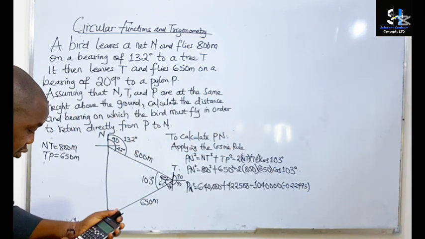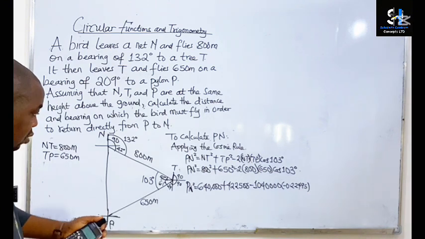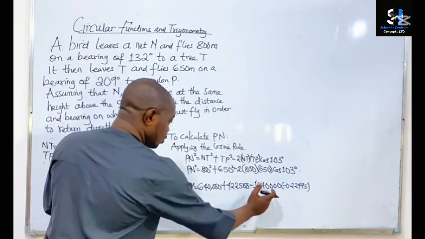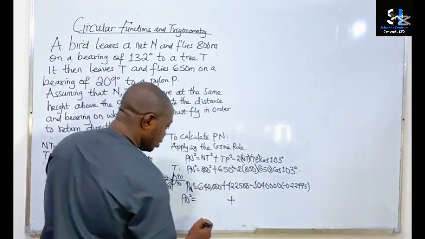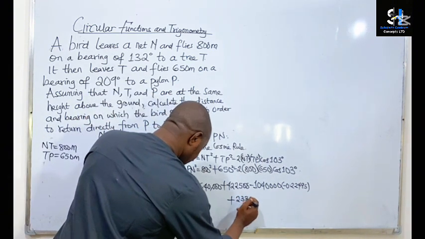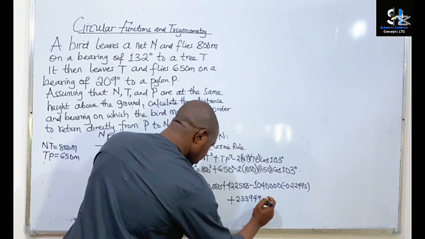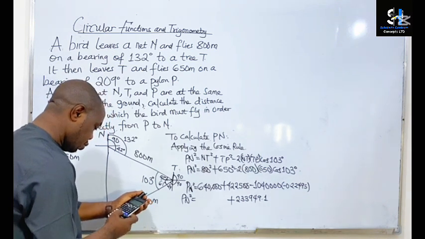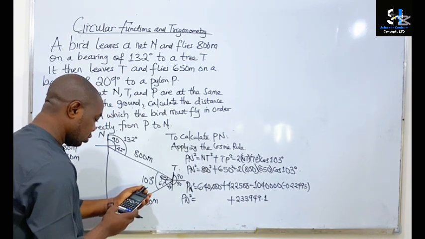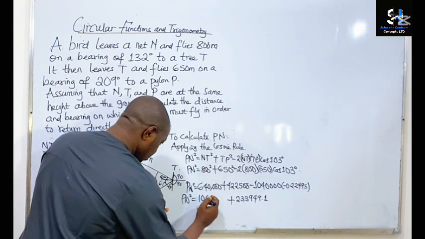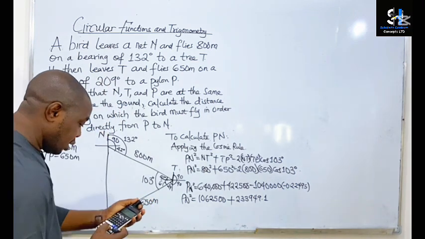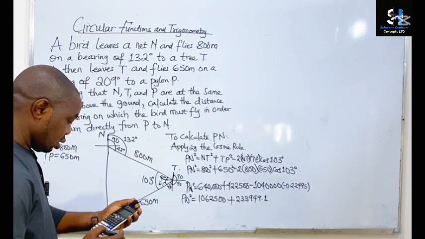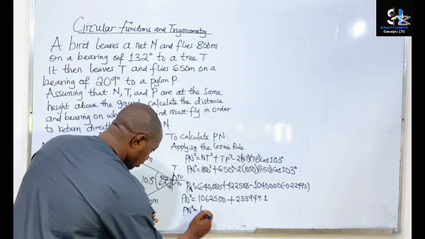When that is multiplied by 1,040,000, we get 233,949.1, and since it is negative, it becomes positive, so we add 233,949.1 to 1,062,500.